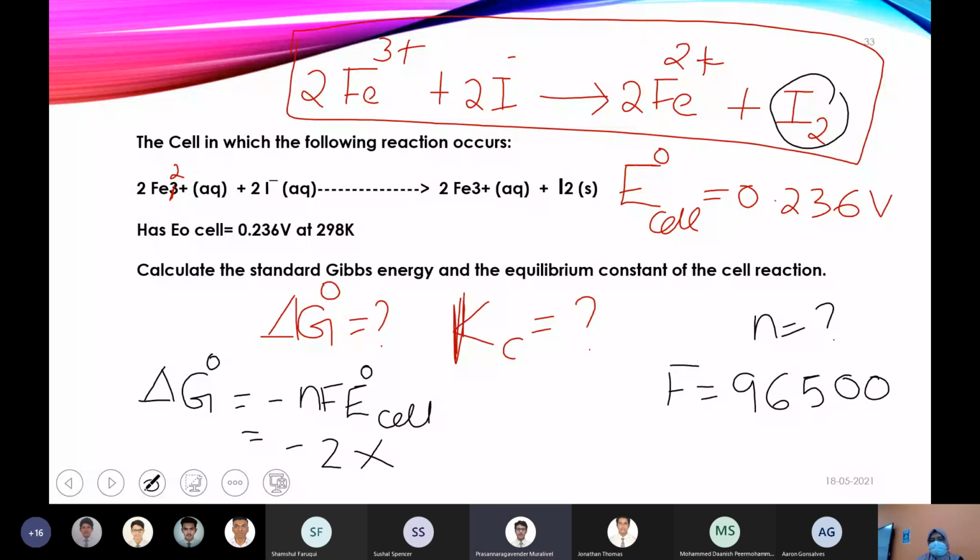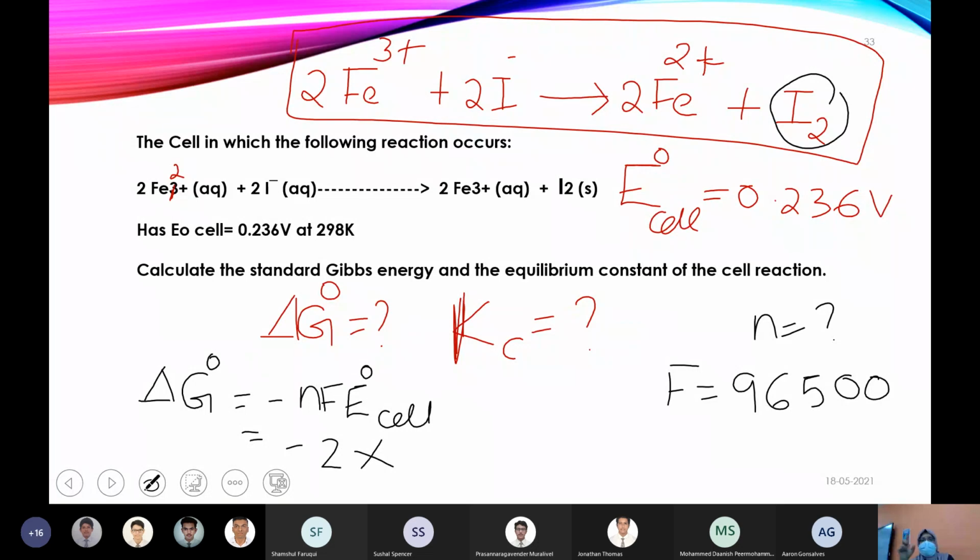Ma'am, why aren't we taking 2 Fe 2+ instead of I2? See, the other ones are ions in the solution, right? I2 is a solid product. Oh, okay, ma'am. And it's bimolecular, right? It exists as a molecular element, even though it's an element.